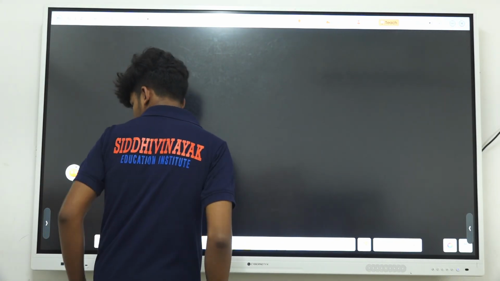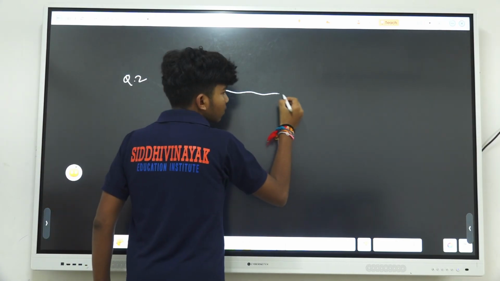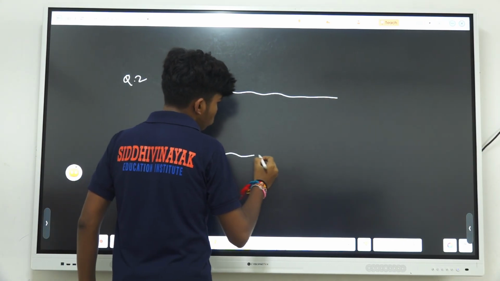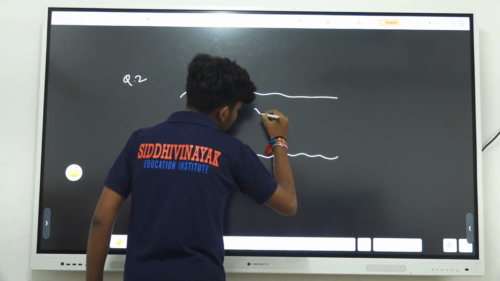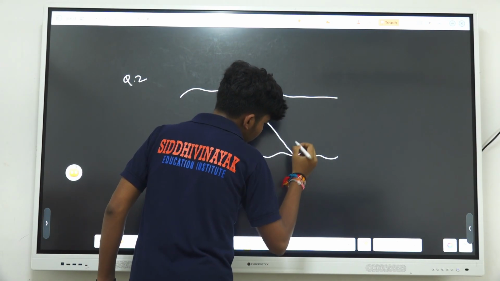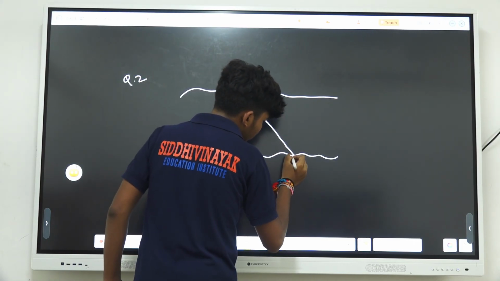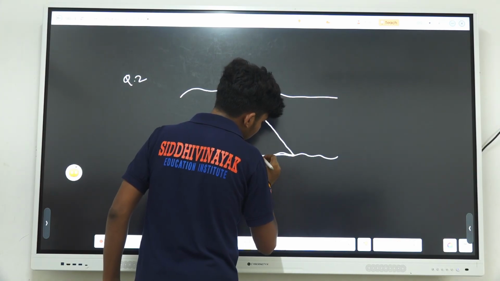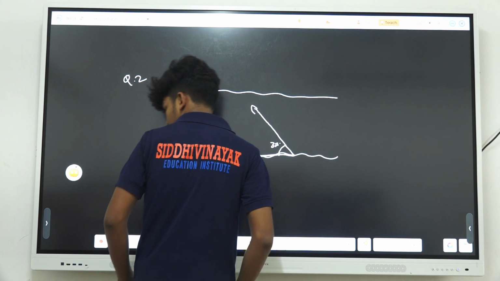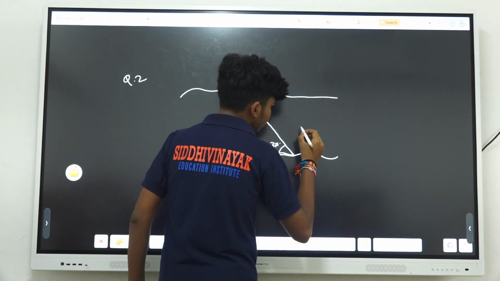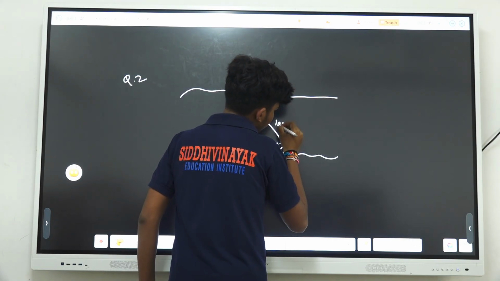In this problem, question number 2, we have an angle. This is our river, and the person is swimming in this direction with an angle of 37 degrees and with a speed of 10 kilometers per hour.